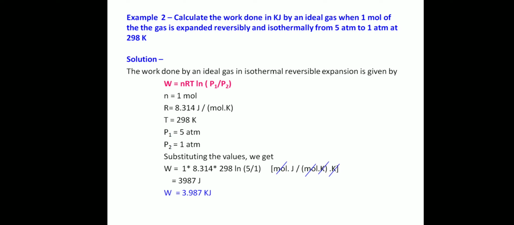In case the moles are given in terms of kilomole, then we should adopt the R unit as kilojoules per kilomole K. So depending on the condition given in the example, we have to adapt the value of R or the unit of R. With the help of these calculations, we get 3987 joules, or it is also written as 3.987 kilojoules. Joules to kilojoules means multiplying by 10 raised to minus 3.